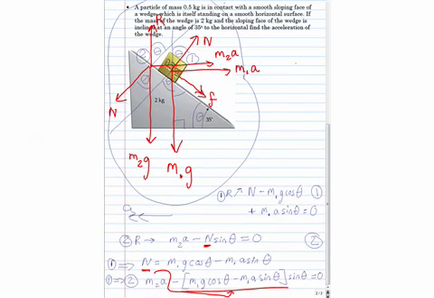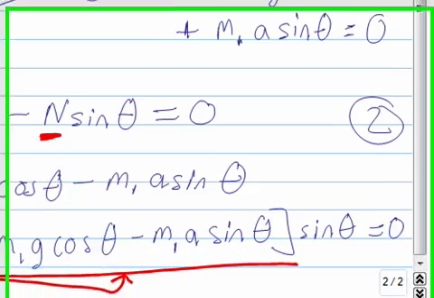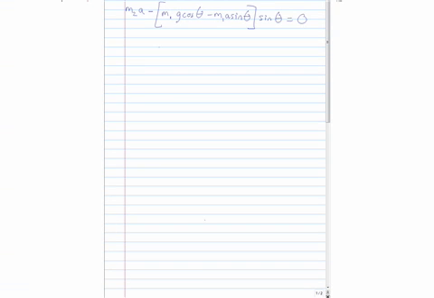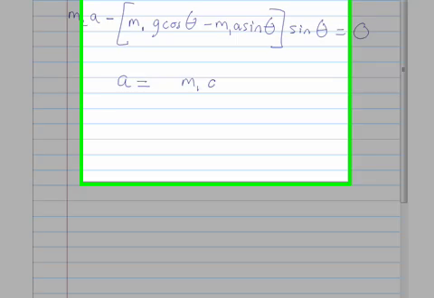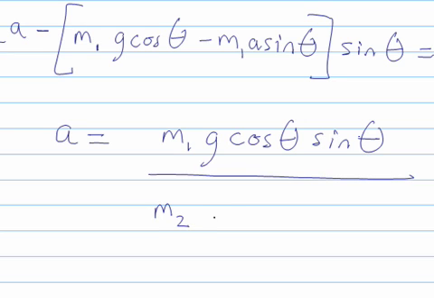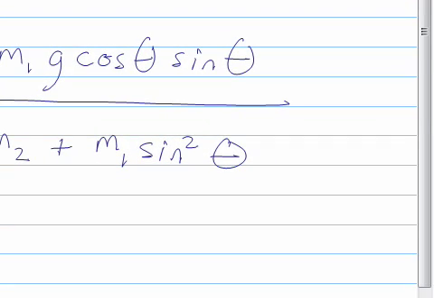So now I can take this new equation and solve it for a. If I rearrange this, and I'm careful with my algebra, and make a the subject, I get this answer.